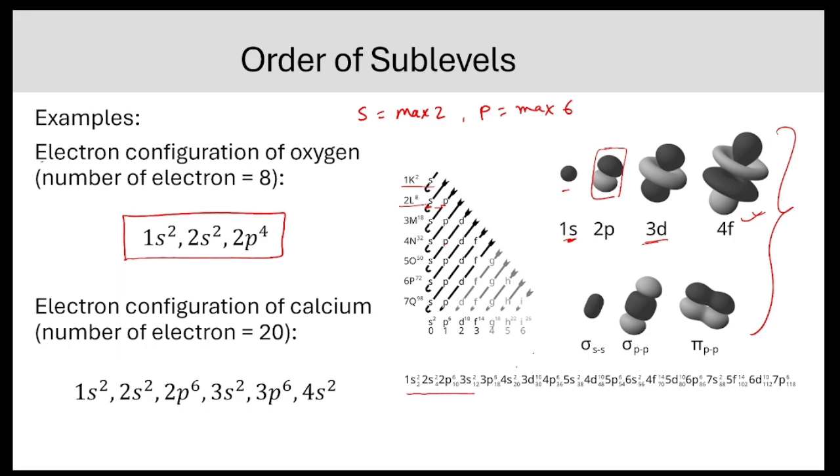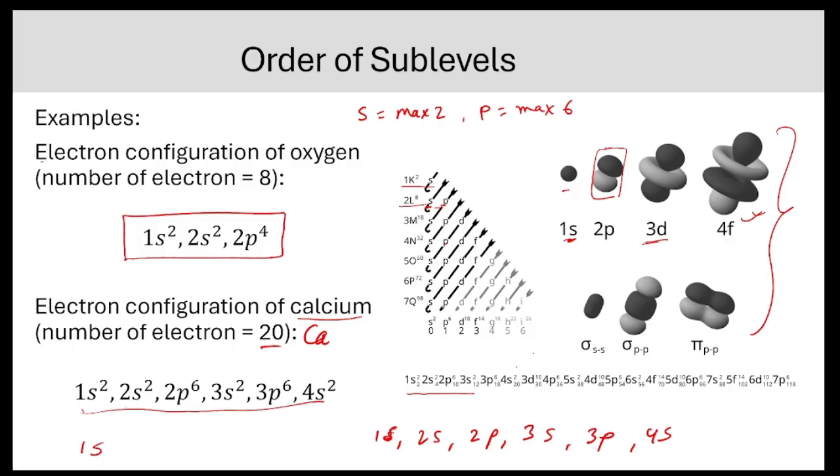Similarly, if we look at an example of calcium, if you go back to a periodic table, the atomic number of calcium is 20, and the number of electrons is also 20. Now we know the general flow of this configuration: 1s, 2s, 2p, 3s, 3p, 4s, and so on. First we will just write this configuration, and then we will start filling these subshells.